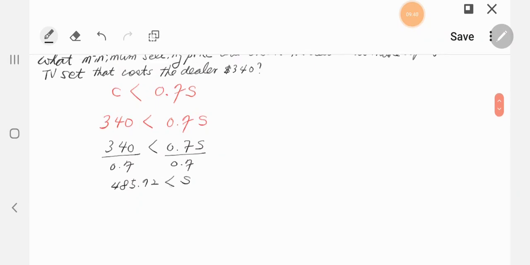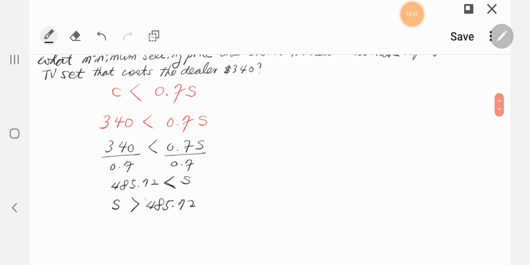So S is greater than this number. Why don't you interchange the sides? Reflect everything. So the right side goes to the left, opening towards S, and this number goes to the right.